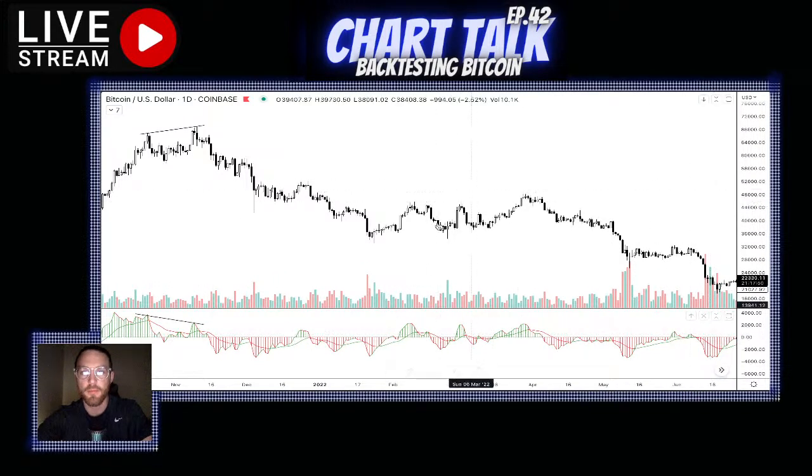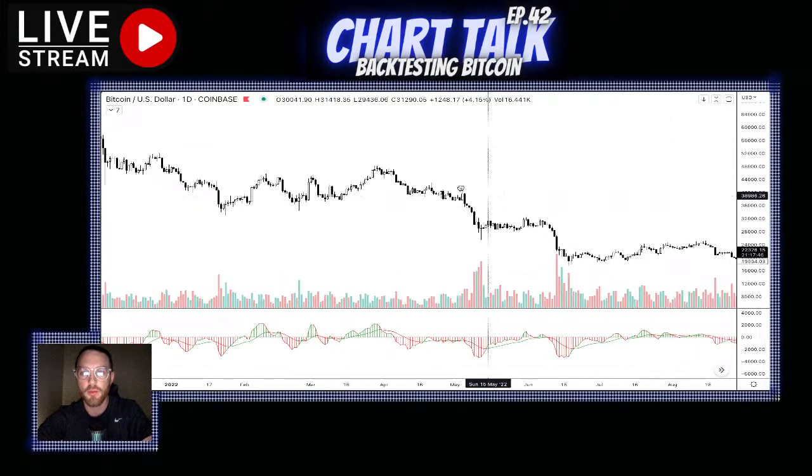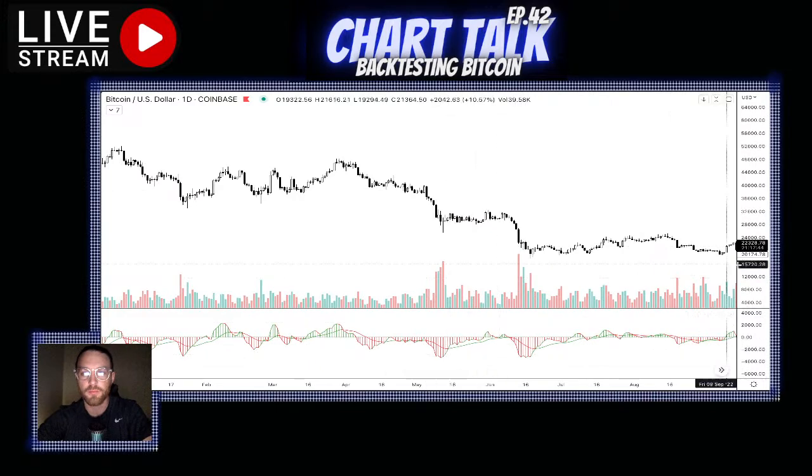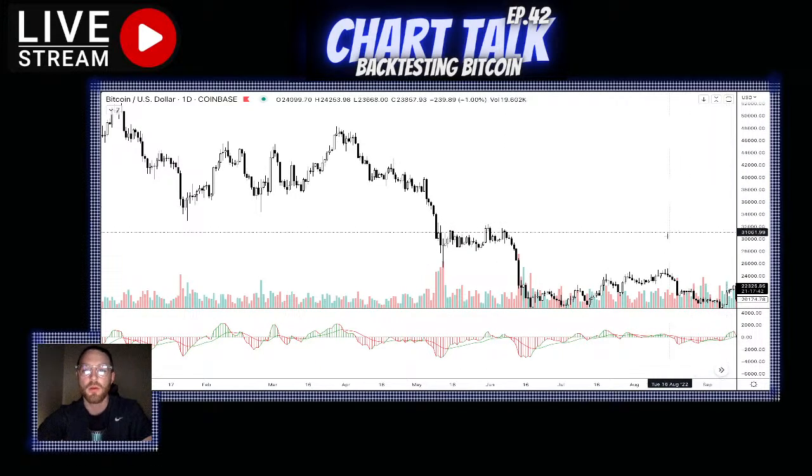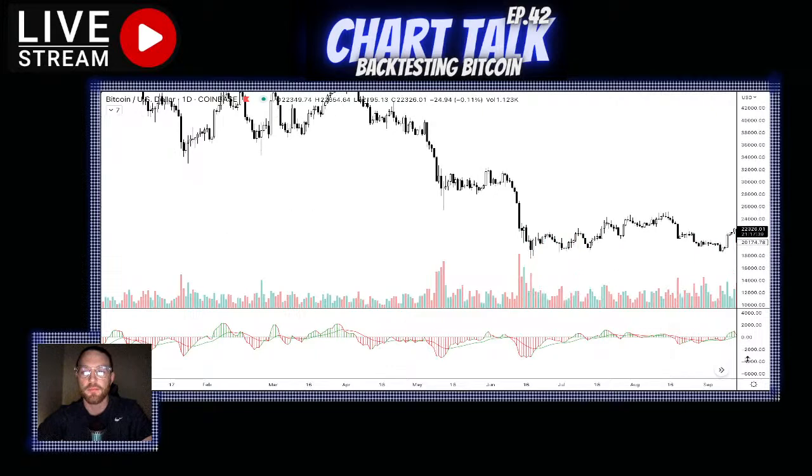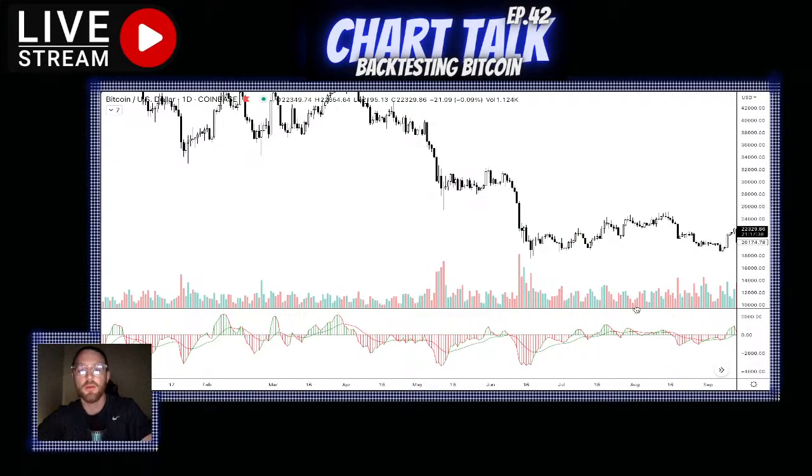No, still none. Okay, lower low, lower low. So here's an instance where we're making a lower low in price and the momentum is equaling. So we should get a correction here.